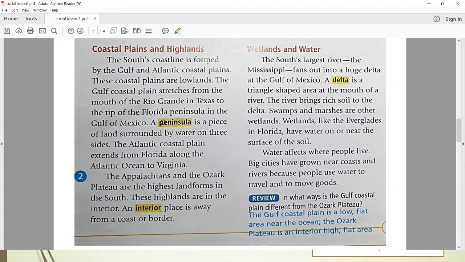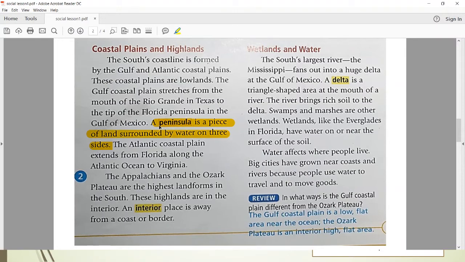So what is a peninsula? A peninsula is a piece of land surrounded by water on 3 sides. So like Qatar. So Qatar is actually a peninsula. North, west, and east, it's surrounded by water, but it's connected only by one side of land. So we are connected on one side to the south, to Saudi Arabia.